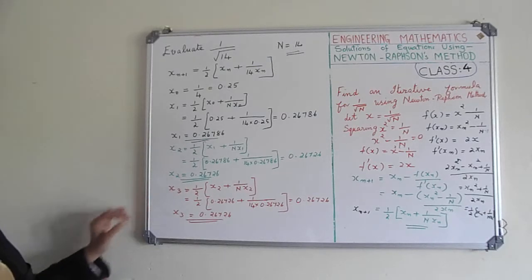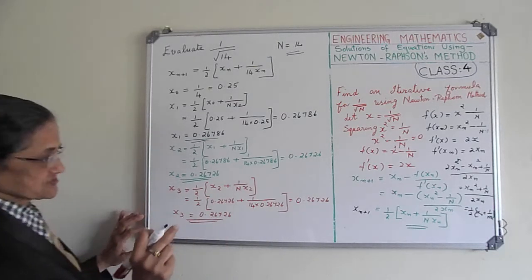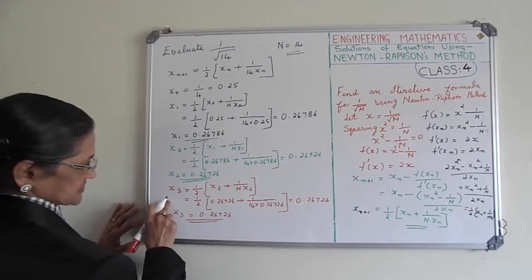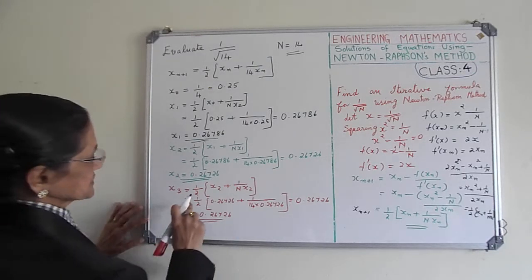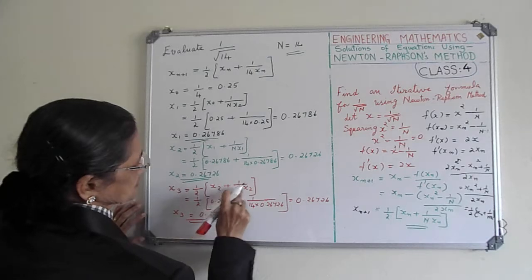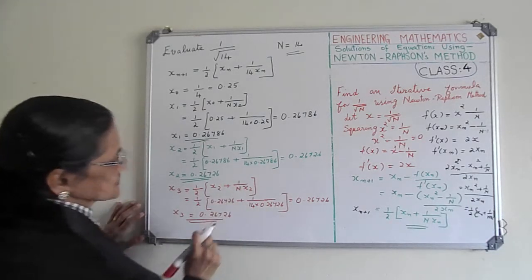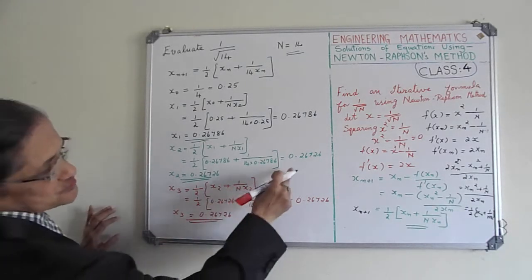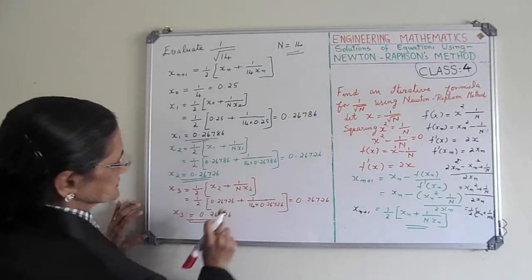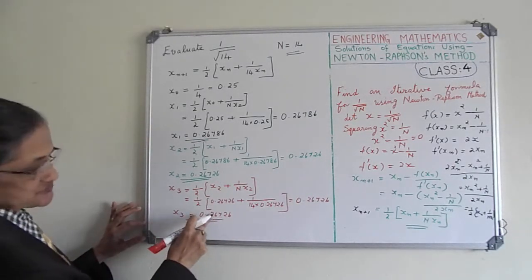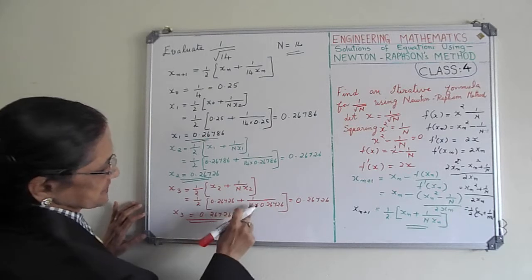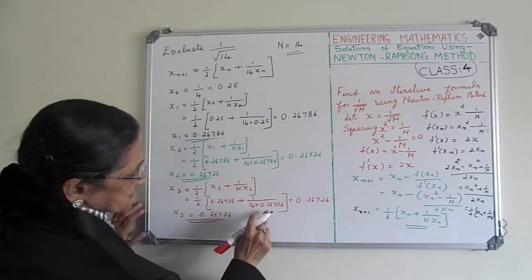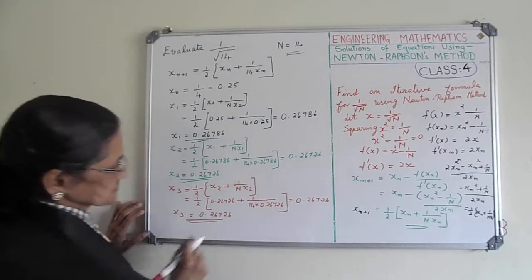Now we can find out one more approximation, that is our x3. What is x3? x3 is equal to half times (x2 plus 1 upon n times x2). Substituting x2 is equal to 0.26726 here: half times (0.26726 plus 1 upon 14 times 0.26726).